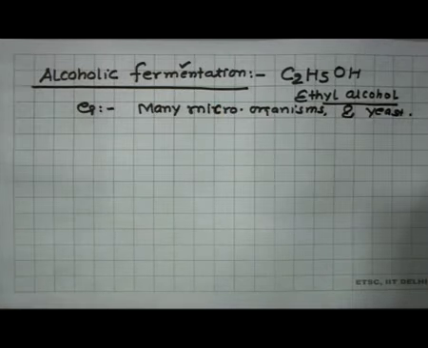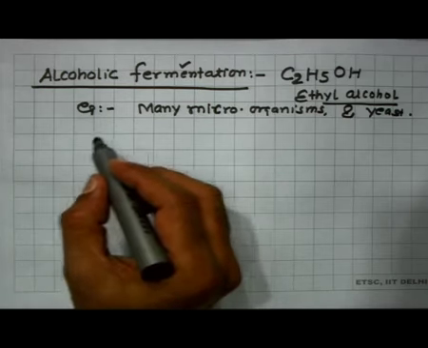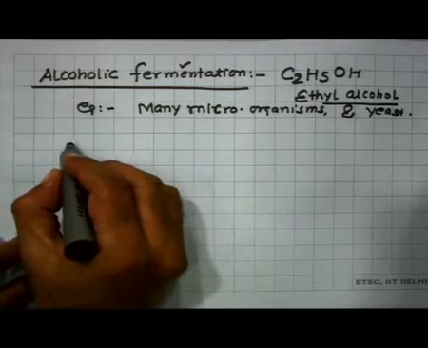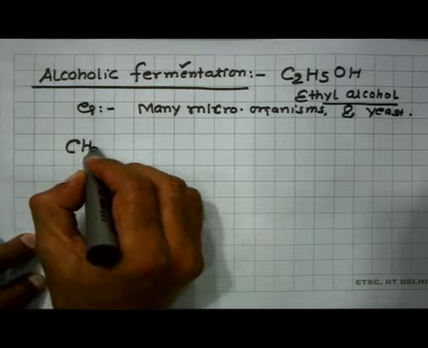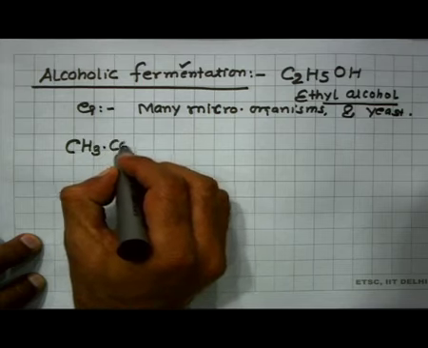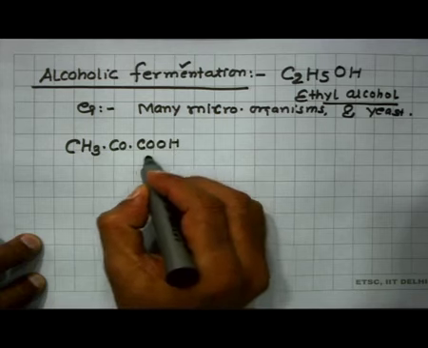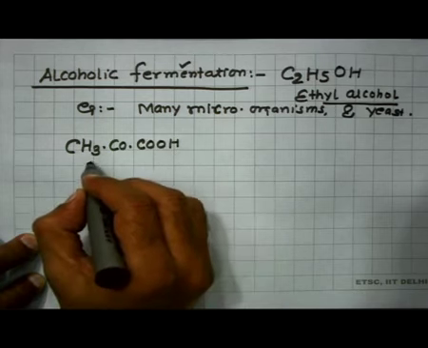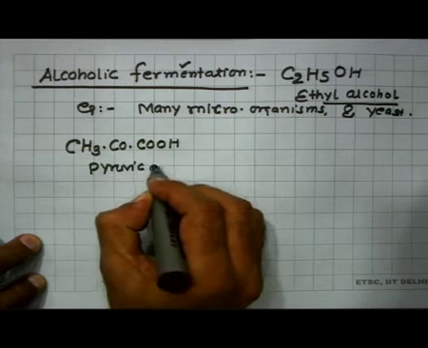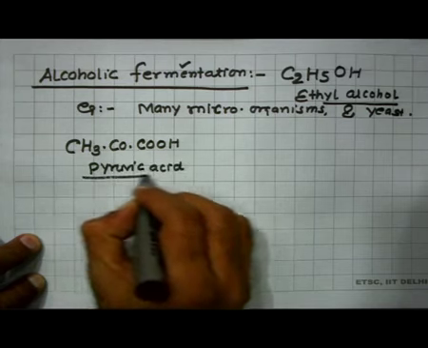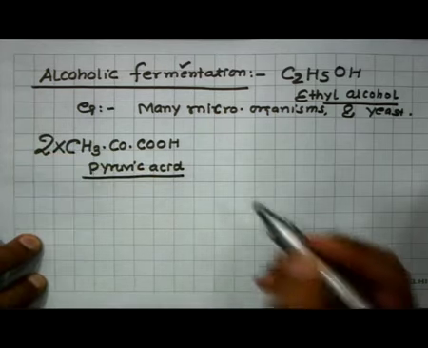What happens in alcoholic fermentation? The end product of glycolysis, that is pyruvic acid, we have already discussed its structure, CH3 CO COOH. Two molecules of pyruvic acid are formed in glycolysis.